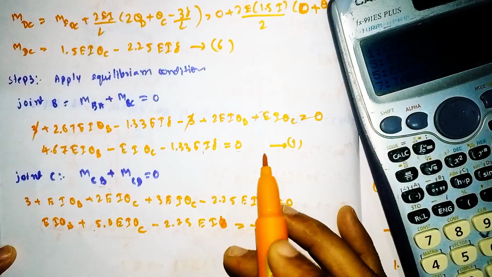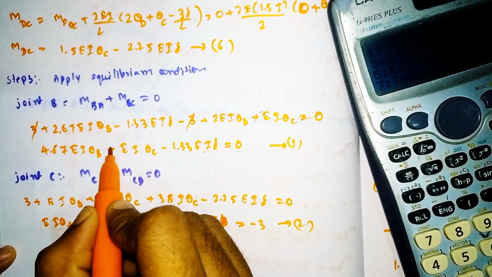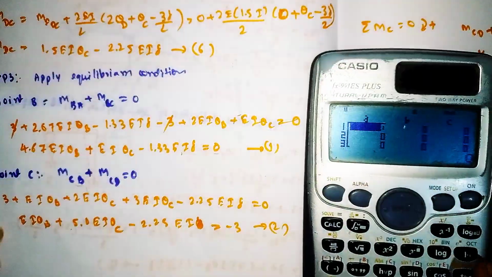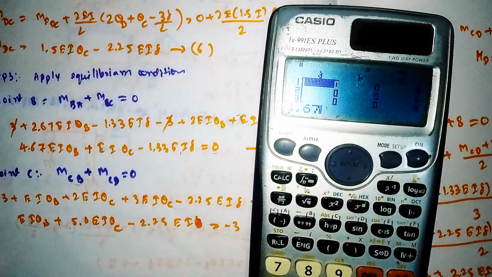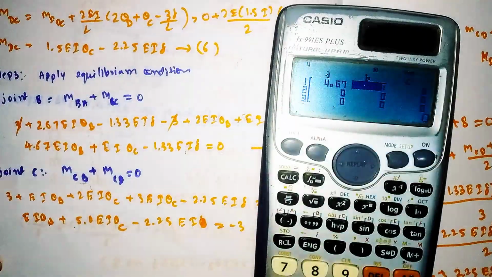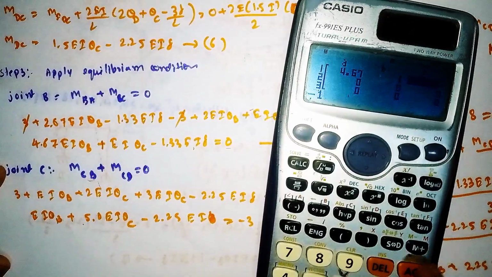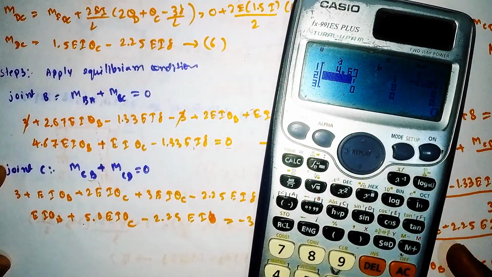Here in equation number 1, EI theta C is positive, so make it positive. Now substitute all the values. Equation number 1 is 4.67 plus 1 minus 1.33 is equal to 0.